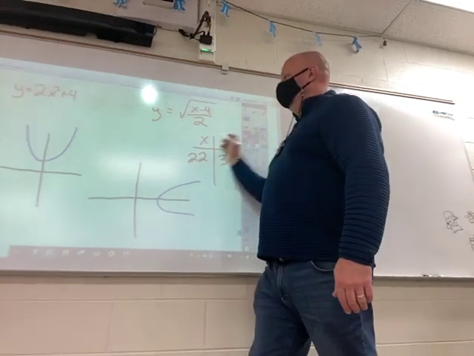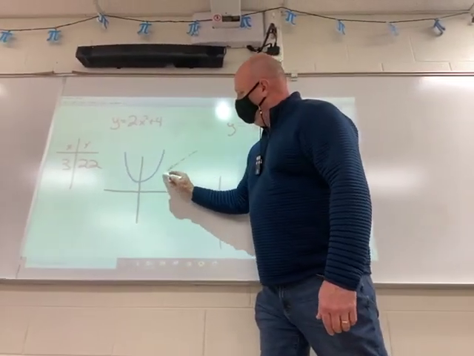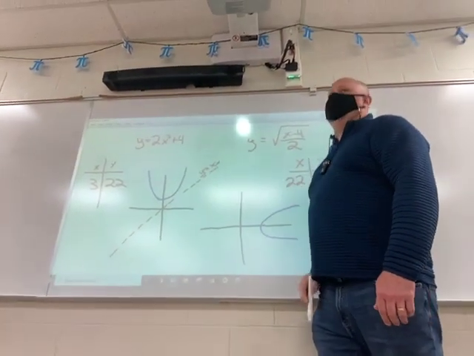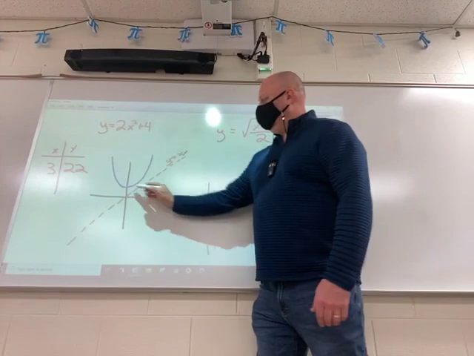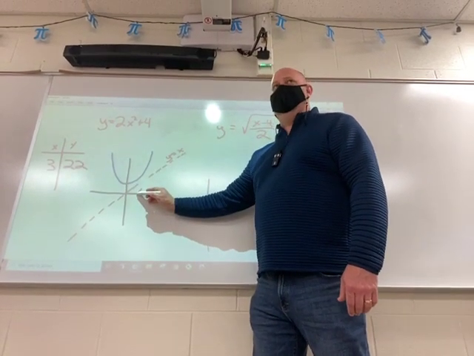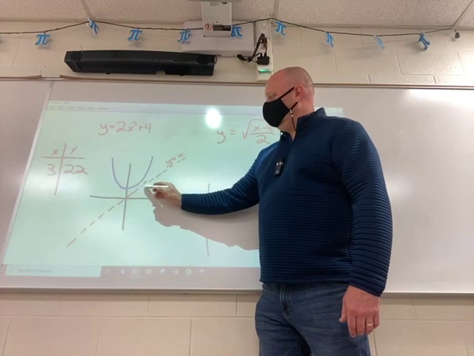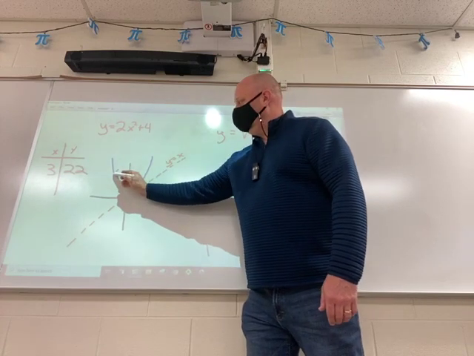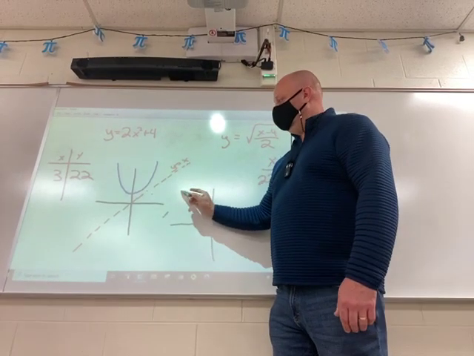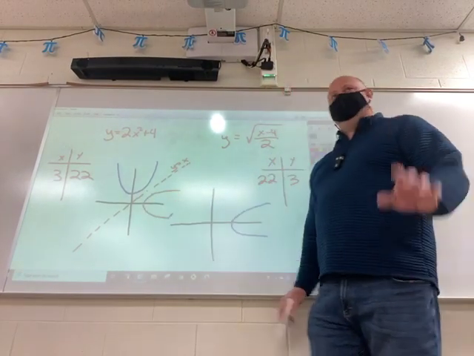It's the y equals x line. So all inverses, what they do is they reflect across that line. So basically this point moves to right there. This point moves to right here. This point moves down here. And that's what ends up giving you that shape.